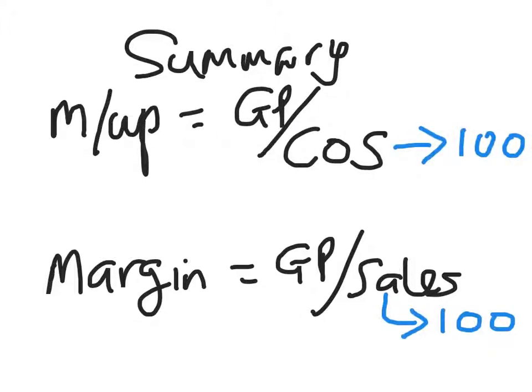And when simplifying these figures so that you can find the missing information easily, remember that for markup, you've got to make cost of sales equivalent to 100, and for margin, you've got to make sales equivalent to 100.